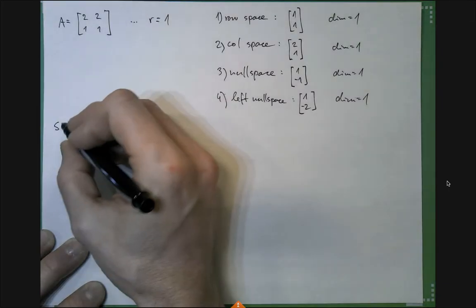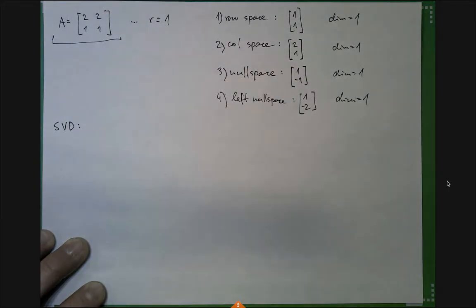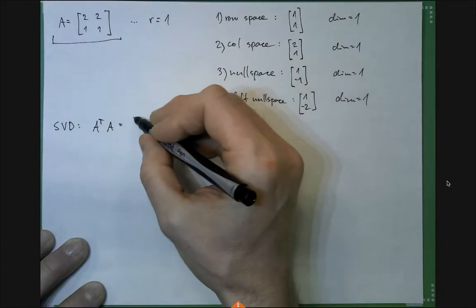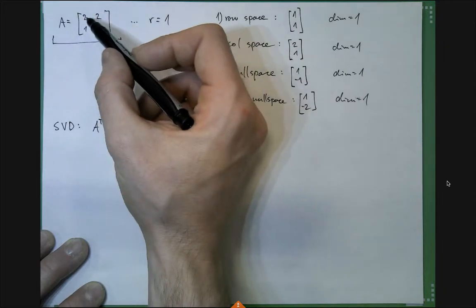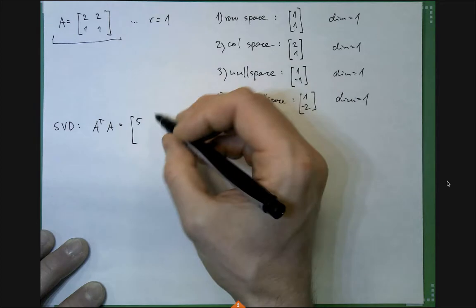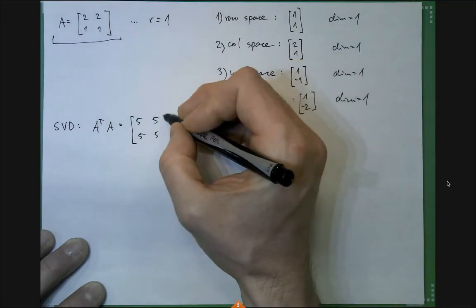So let's compute the SVD of this matrix. Now it's going to be a little bit different than the previous case because the null spaces have to show up. As I discussed before, the null spaces do show up in the SVD. So let's do just like before. Let's compute ATA. So this is going to be 4 plus 1 is 5. Here it's also going to be 5, and the rest is symmetric.